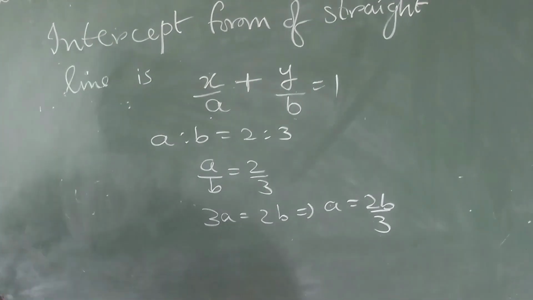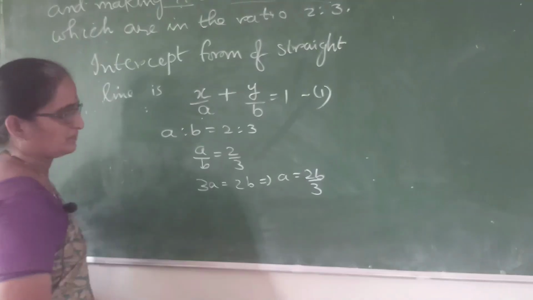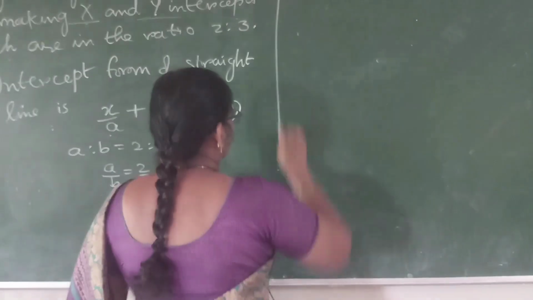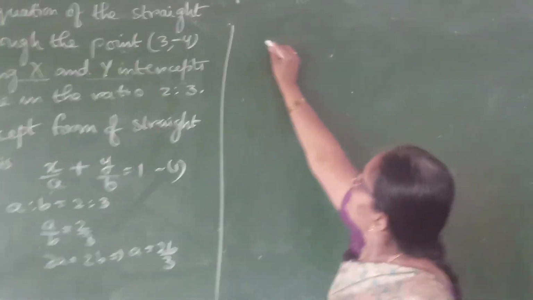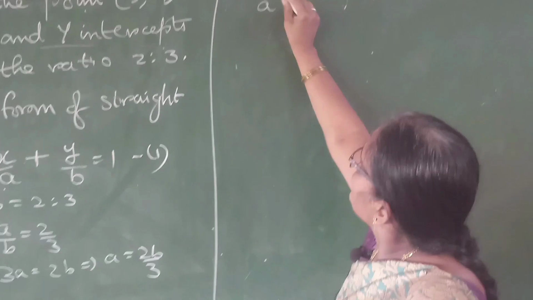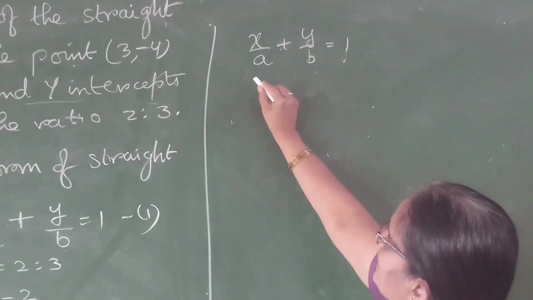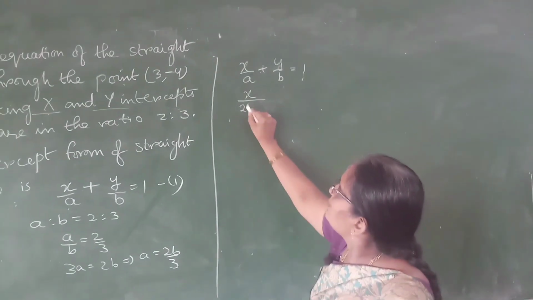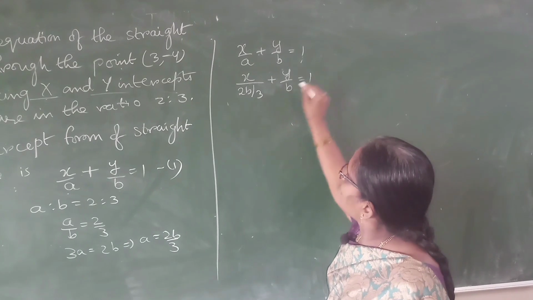Now, what we have to do? Substitute in this particular equation. So, here x by a plus y by b equal to 1. In place of a, substitute 2b by 3, plus y by b equal to 1.